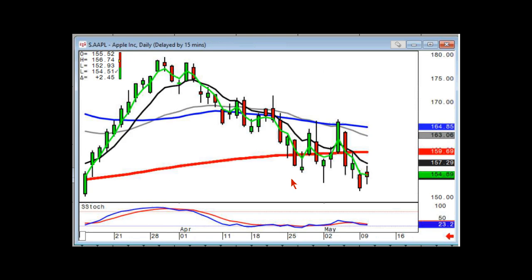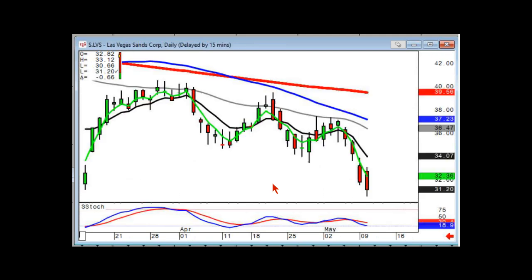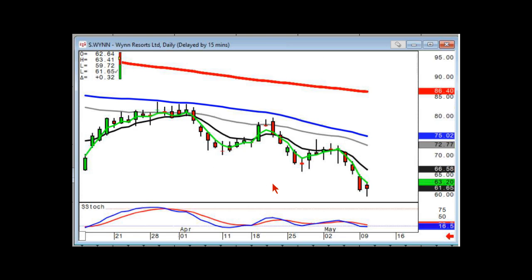Apple, kind of a junky chart, but you can see what the overall direction is. As long as it stays below the T-line, assume you're still in a downtrend. Las Vegas Sands, stay short. Wynn Resorts, stay short. Oh, there was another one, and I forgot what it was. Oh, well.